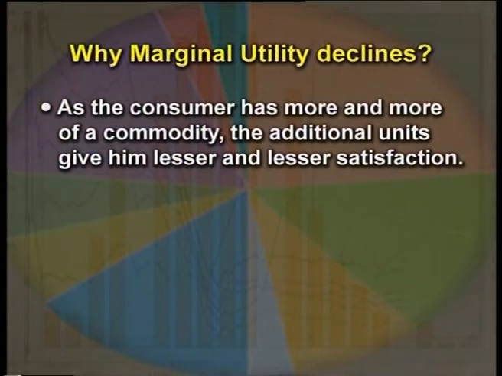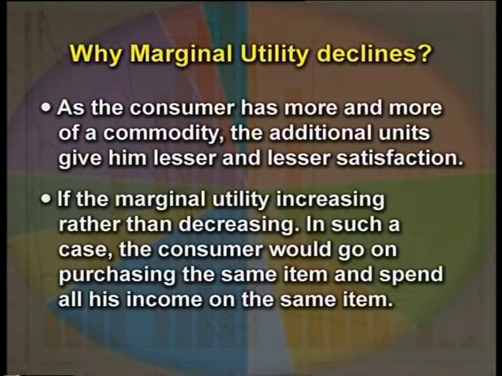As a consumer has more and more of a commodity, the additional units give him lesser and lesser satisfaction. Now, let us suppose that marginal utility increases rather than decreasing. In such a case, the consumer would go on purchasing the same item and spend all his income on a single commodity.